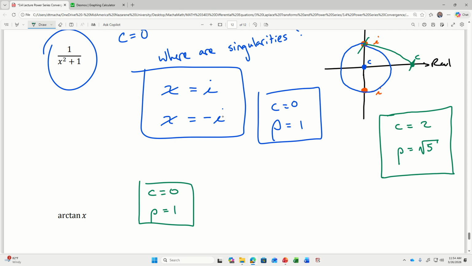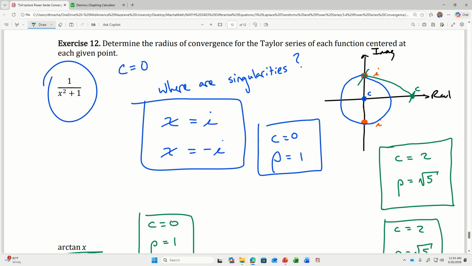The radius of convergence remains the same even when you take an antiderivative, and that means for arctangent you would still have the same radius of convergence as you do for the derivative of arctangent, which is 1 over x squared plus 1. Okay.